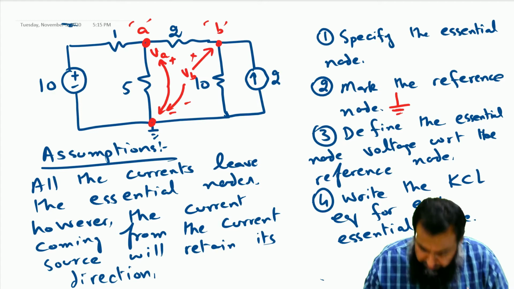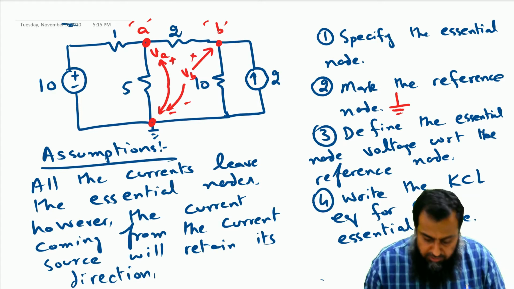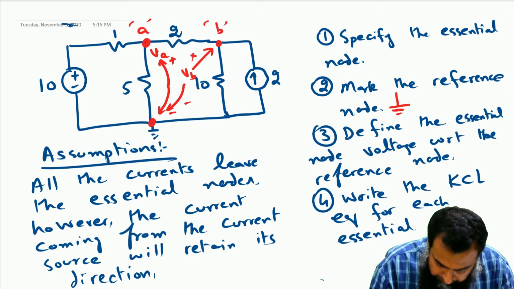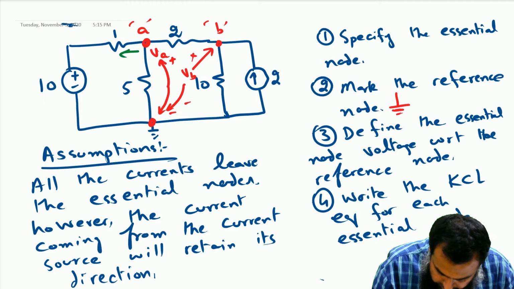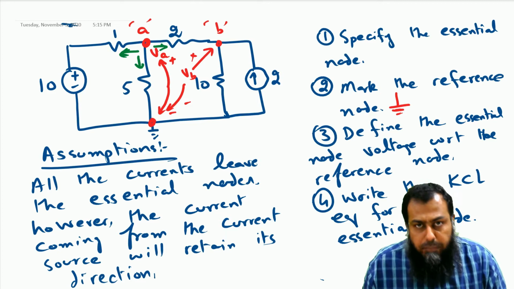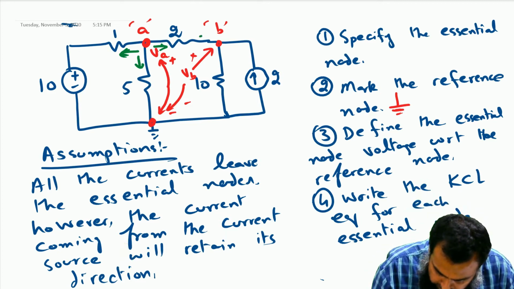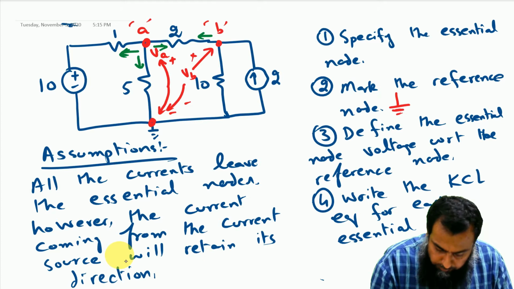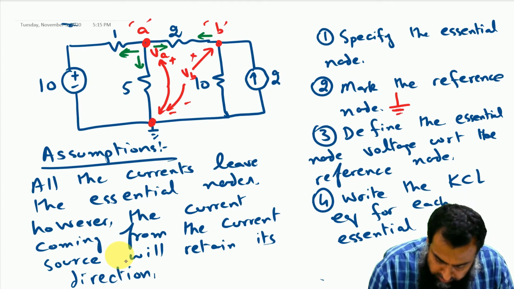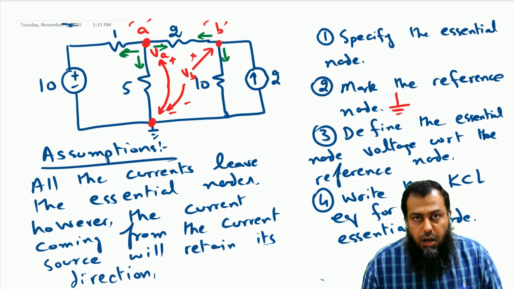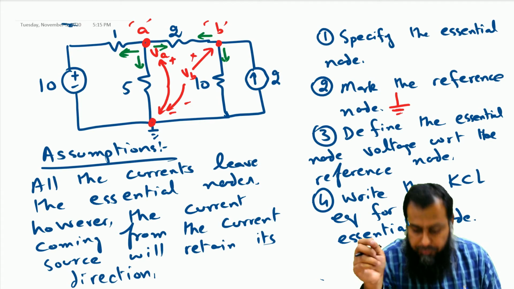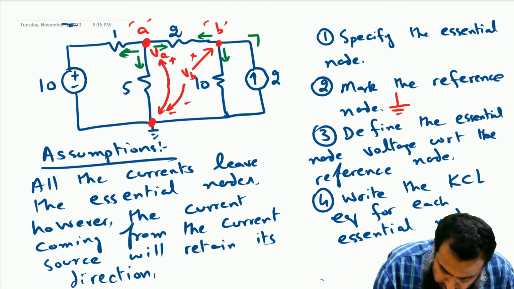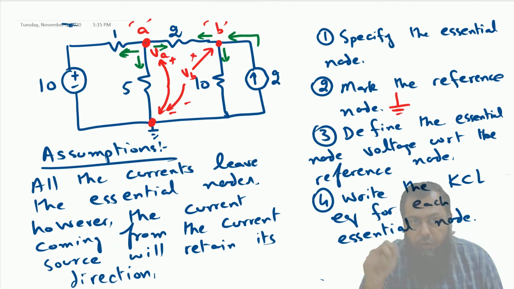That means for this particular node A, we have all the currents leaving this essential node. However, for node B, the current will leave through this 2 ohm resistance as well as this 10 ohm resistance. Because the third element is a current source, its direction will enforce the flow of current into the node B.